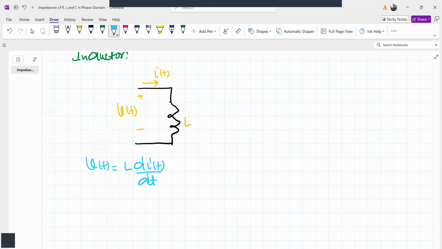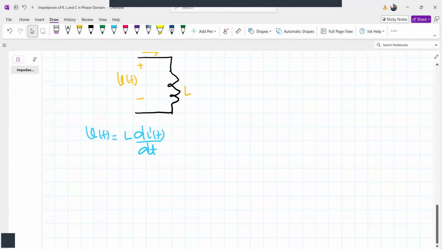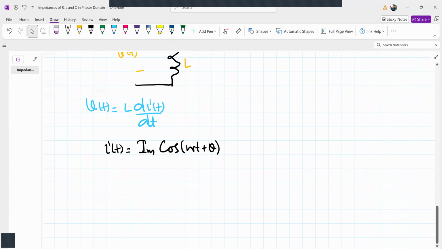Now let's suppose i of t in the circuit is simply Im cosine of omega t plus theta. Now this can be written in phasor form. What is the phasor representation of this current? I phasor is simply Im at an angle of theta.